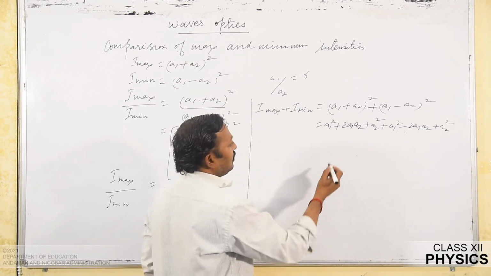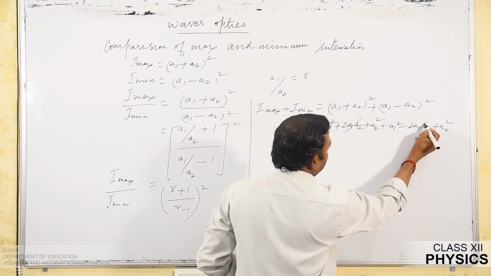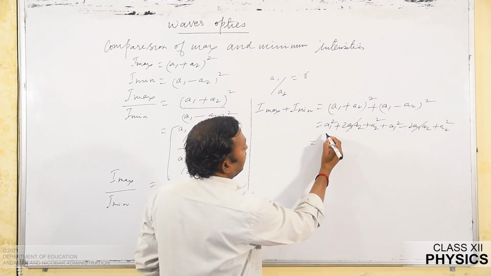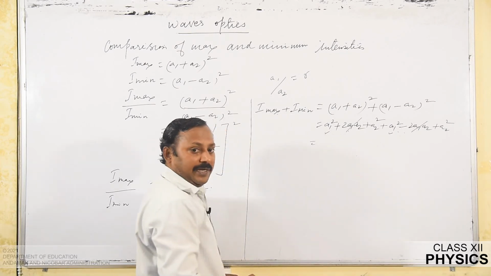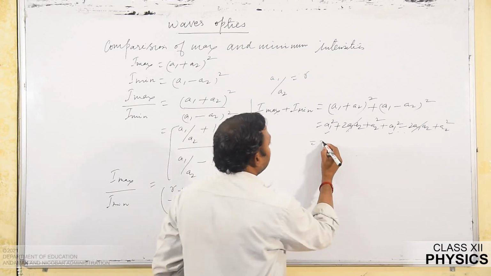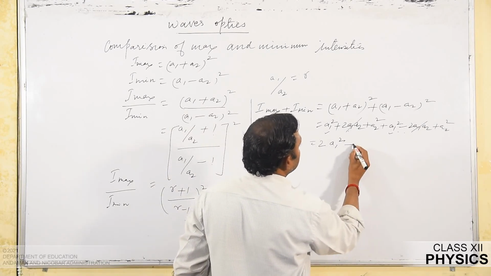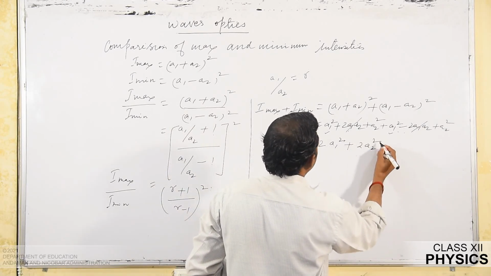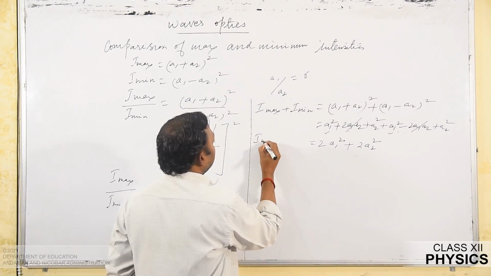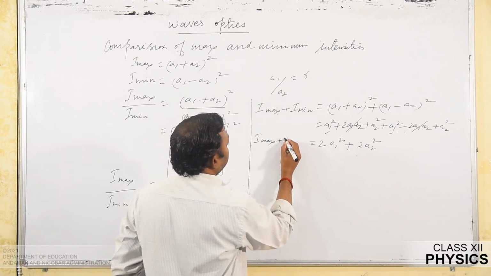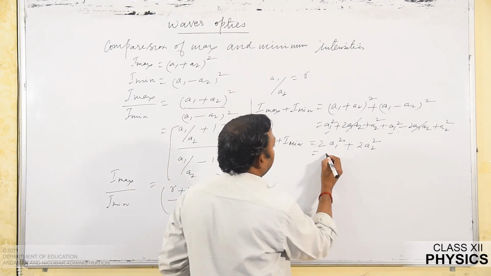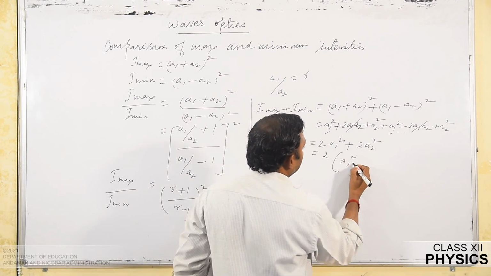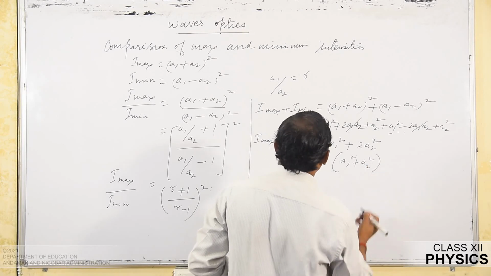Now from here you can cancel 2a1 a2, so you get like terms a1 square and a1 square comes twice, so you can add these two terms. You get 2a1 square plus 2a2 square. So I maximum plus I minimum comes out to be 2 times a1 square plus a2 square.